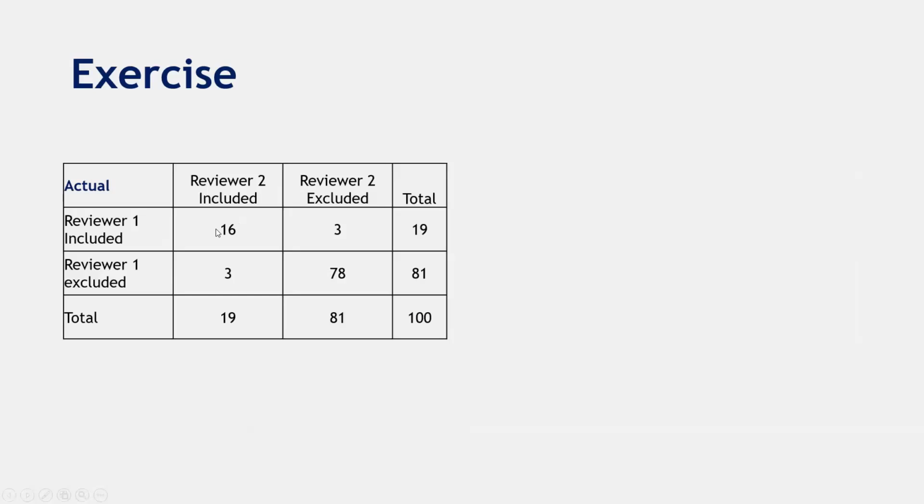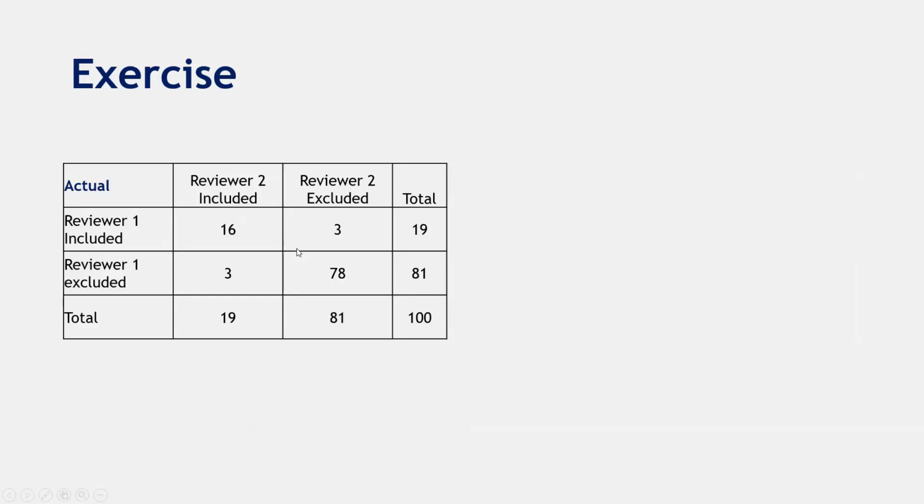Reviewer 1 and reviewer 2 both included 16. Reviewer 1 and reviewer 2 both excluded 78. But there are 3 articles which were included by reviewer 1 but excluded by reviewer 2, and 3 that were excluded by reviewer 1 but included by reviewer 2. So these are called the conflicts.